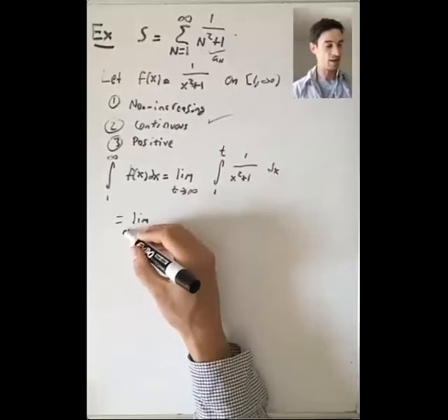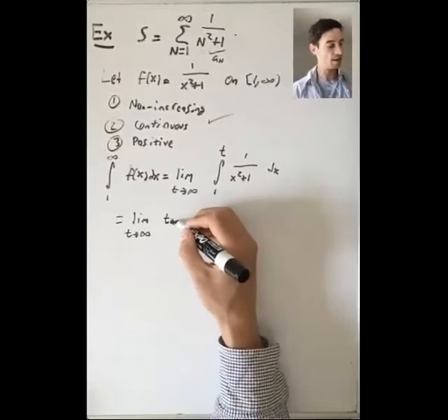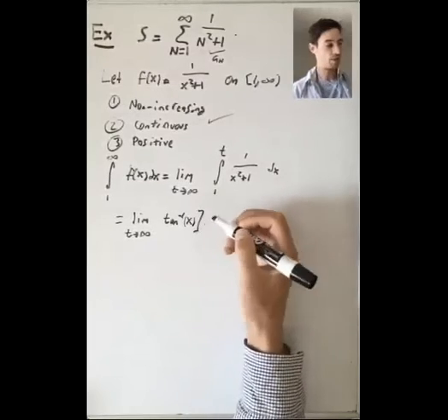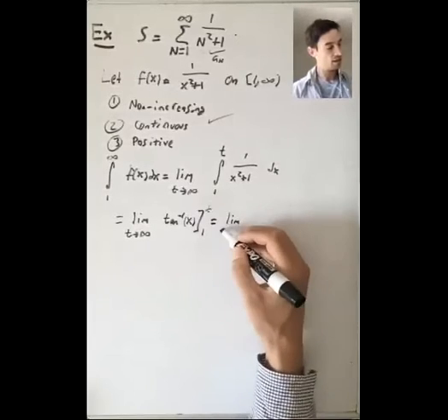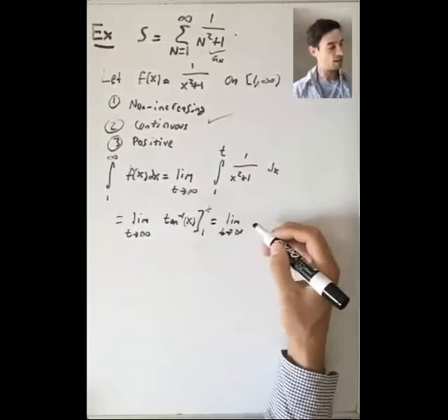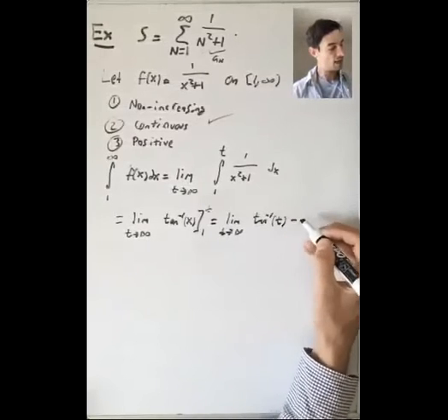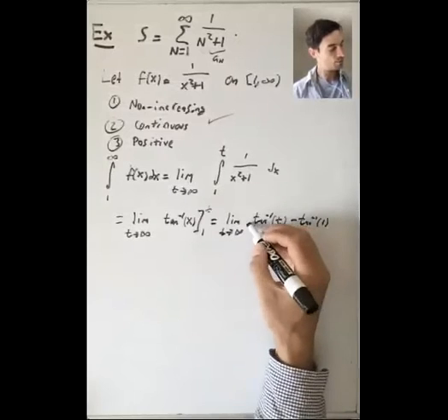So this is the limit as t goes to infinity of arctan of x, applying FTC 2 at 1 and t. So it's the limit as t goes to infinity of arctan of t minus arctan of 1.